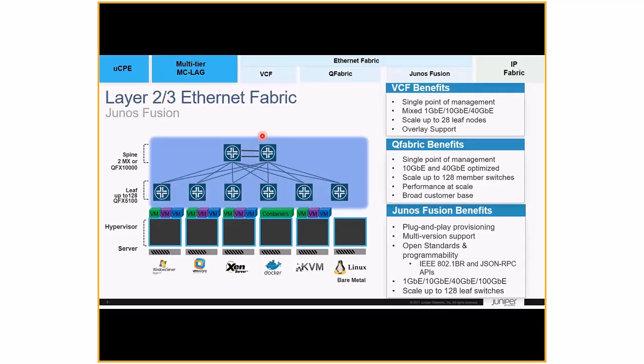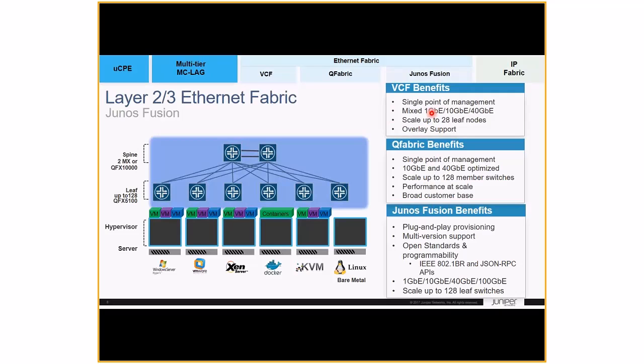So from our network management of Junos Space Network Director, it's looking like one device that can go up to 128 leafs coming off of your spine. So it looks like one huge switch, where each one of the ports coming off of the leafs going to your servers is controlled by the top level.